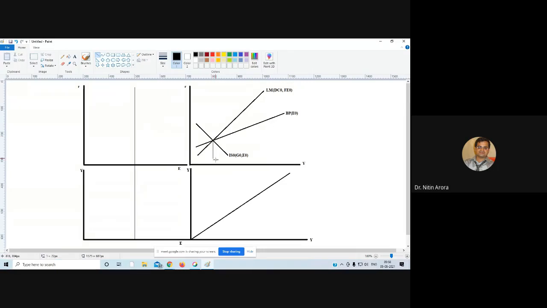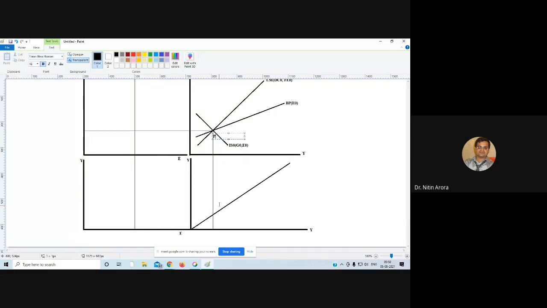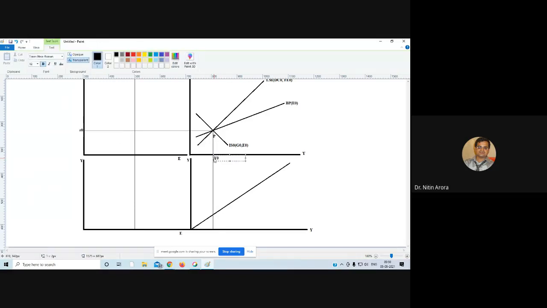Initial equilibrium is at point P, where rate of interest is R naught. Okay, rate of interest is R naught. P is the initial equilibrium, at which R naught is the initial interest rate, and obviously Y naught is the equilibrium level of income given initially. Y naught. Okay. This E naught is the exchange rate.